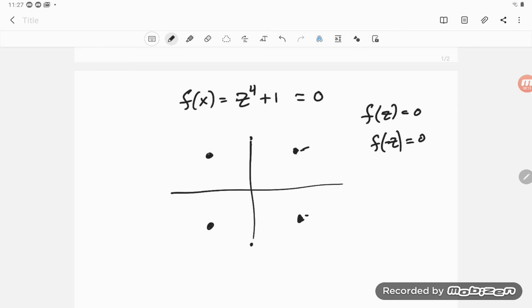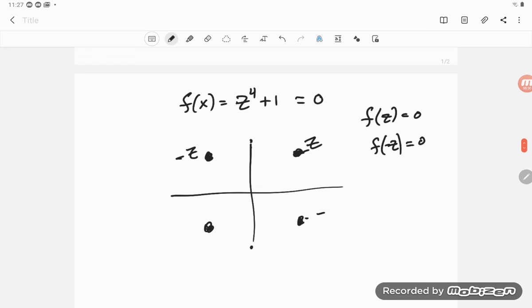And so that's why, when I drew these first 4 like this, that's what's going to happen, because if that's a root, so that's z, then that's -z, and that's z conjugate, and that's -z conjugate.